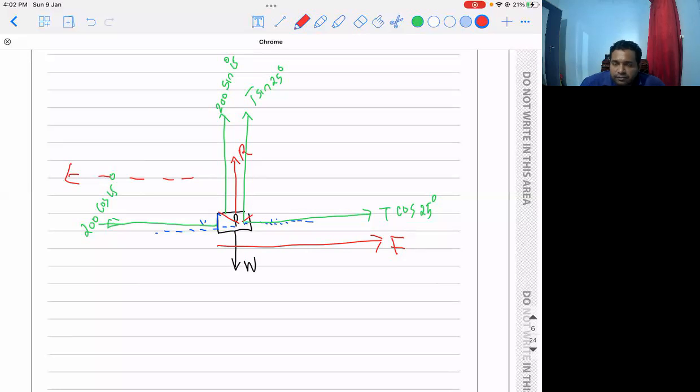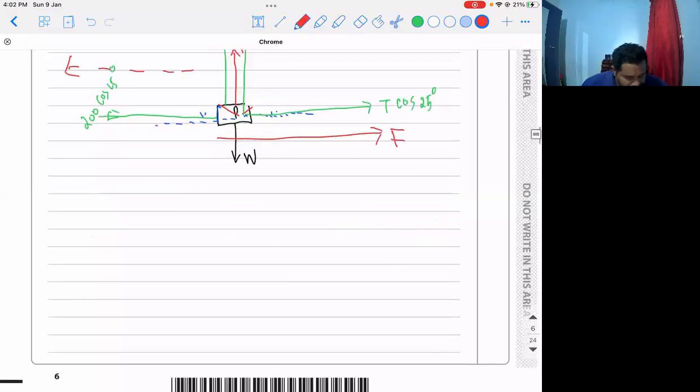Well, now the things become very easy. Why? Because we can write two equations based on this free body diagram. How?